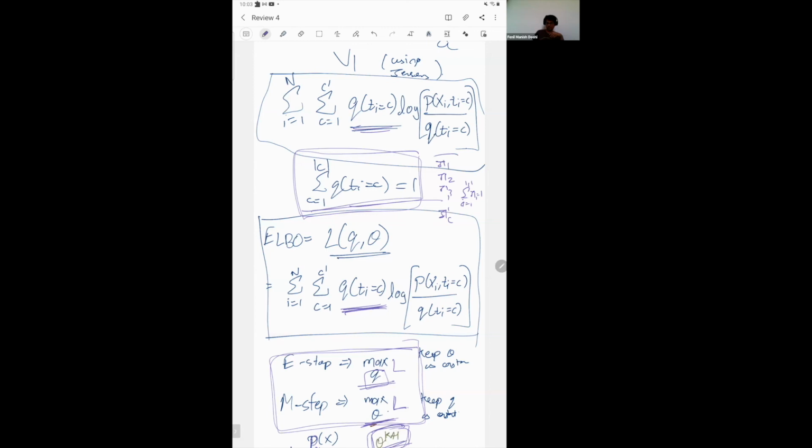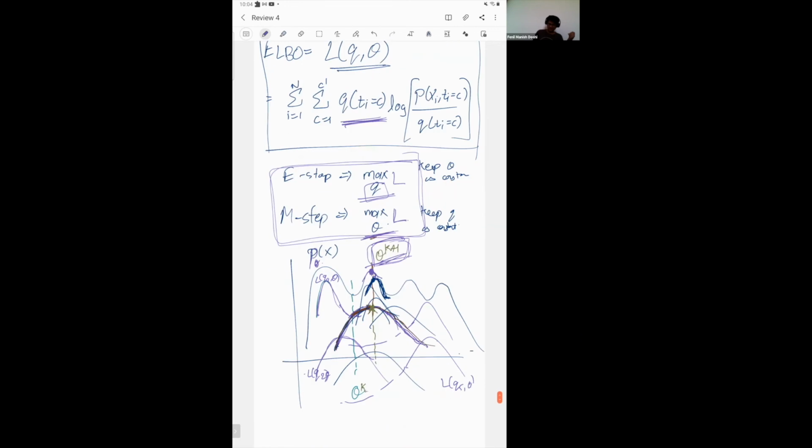But if T is a continuous random variable, then Q of Ti equals C is not just some collection of parameters, but it's actually a proper probability distribution. What we are doing here is called functional calculus.